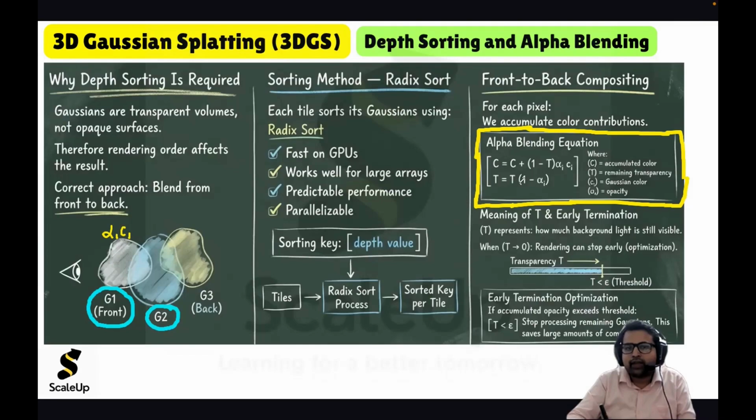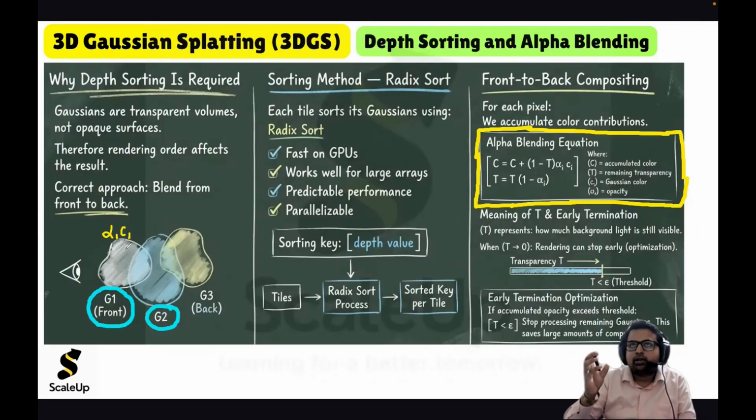The value of T, the transparency of G2, will depend on alpha 1. So it will be 1 minus alpha 1. We call it the remaining transparency.